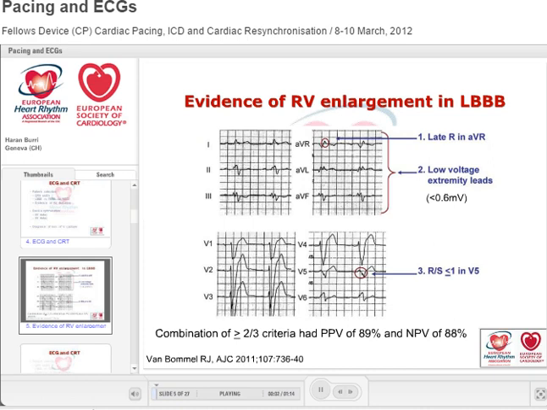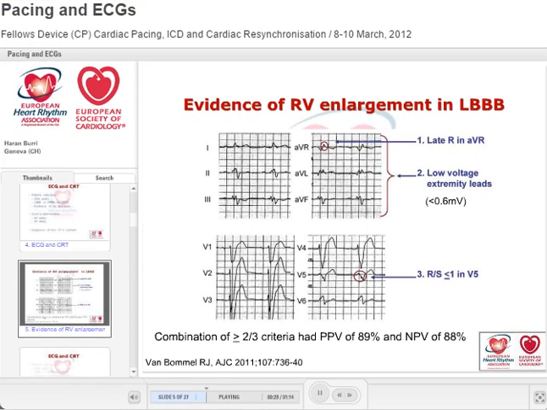So just a word on diagnosis of RV dilatation. There's this nice paper by the Dutch group from Wellens, looking at 3 different criteria that may indicate that you have right ventricular enlargement. First of all is a late R wave in aVR. Secondly, you have small, low amplitudes of QRS complexes in the limb leads, defined as less than 0.6 millivolts in this study, implying that you have a very large cardiac volume.